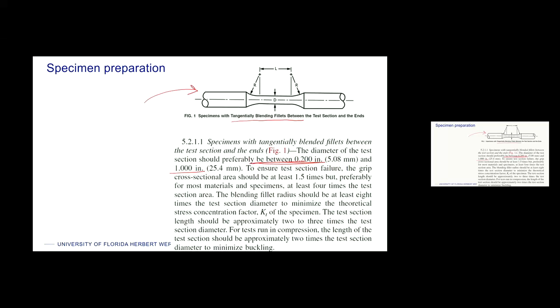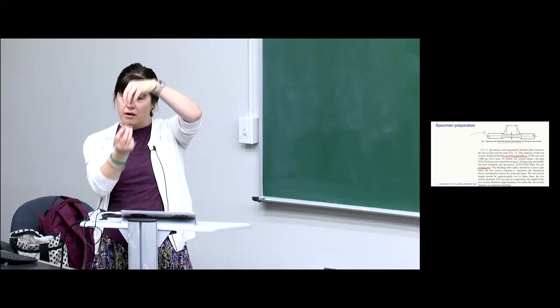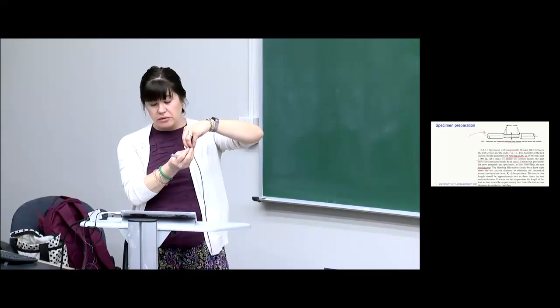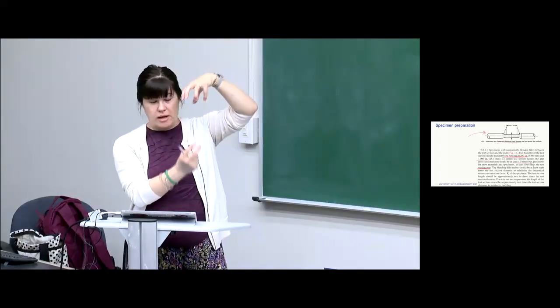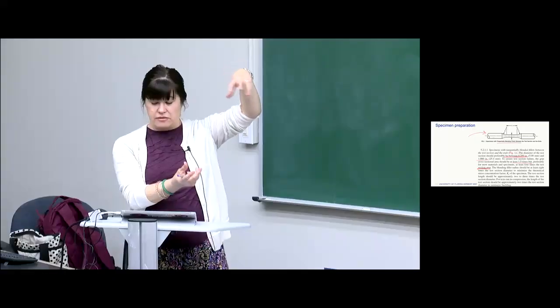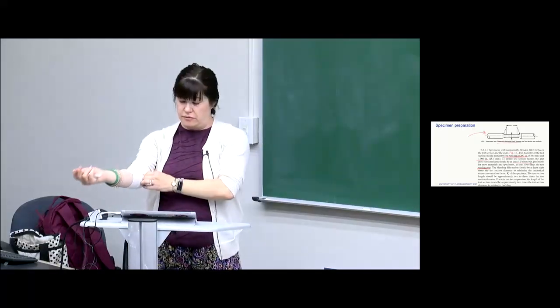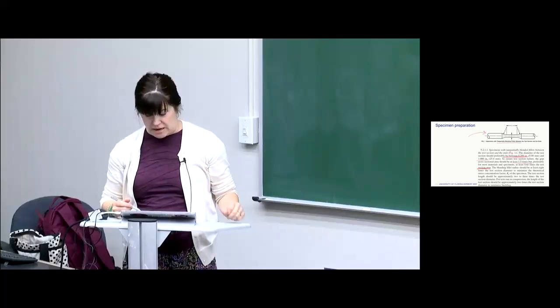And it says to ensure test section failure, the grip area should be at least 1.5 times, but preferably at least 4 times, the test section area. Okay, so that means you have your area in the middle, that's your test section, and that's where you expect it to fail. And then you have the ends where you don't expect it to fail. And it says the area of those should be very large, 4 times or at least 1.5 times.